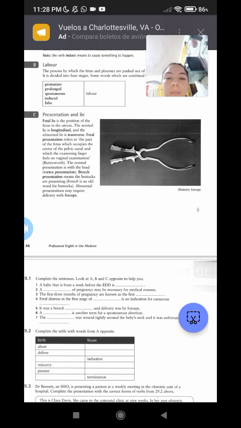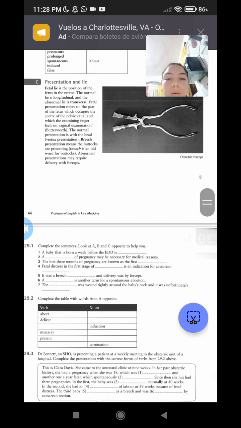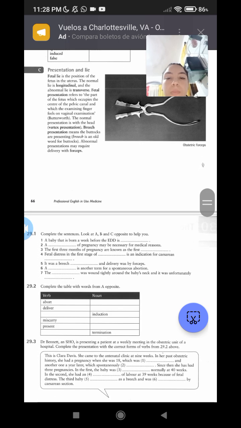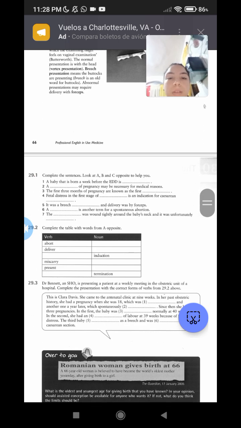The normal presentation is with the head, called a cephalic presentation. In a breech presentation, the bottom is presented. A breech presentation may require delivery with forceps.